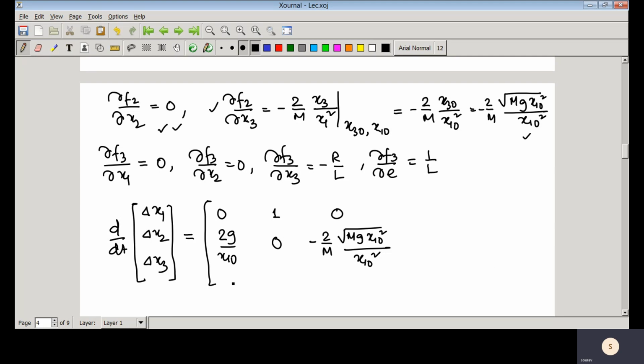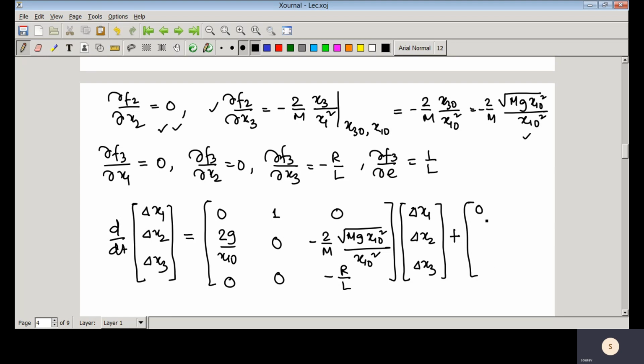Then del f3 by del x1 is 0, del f3 by del x2 is 0, and del f3 by del x3 is minus R by L. The input matrix is 0 0 1 by L, times delta e. So this is the linearized state equation, the system equation.